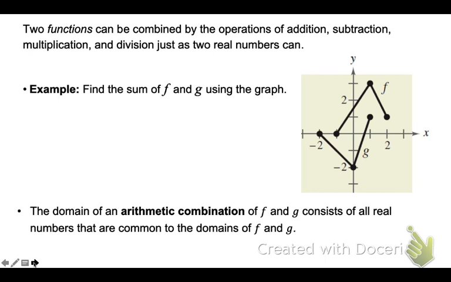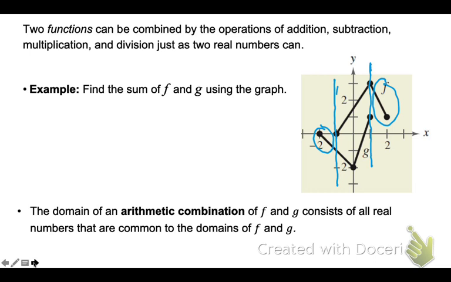No. They have to be common to the domain. The only common area I have is here and where? There. Is this common over here? No. That's in g but not in f, isn't it? What about over here? It's in f and not in g. So can I combine those? Can I add, subtract, multiply, or divide them? No.